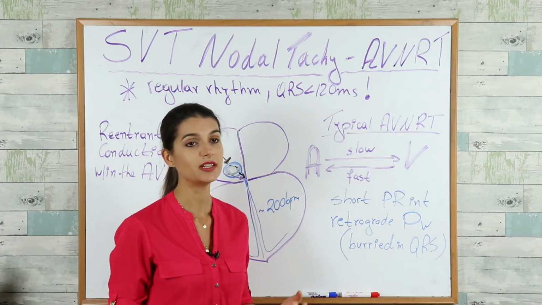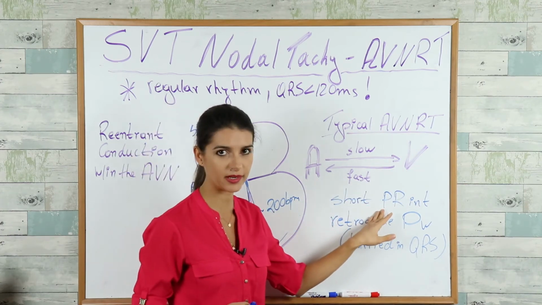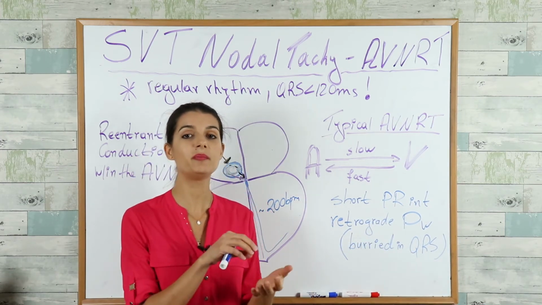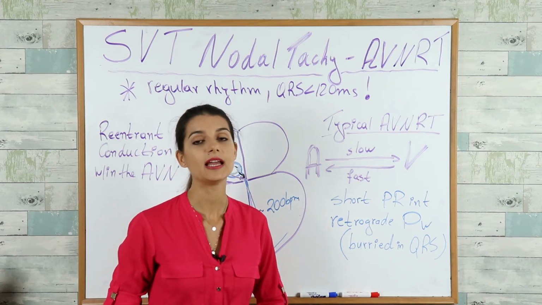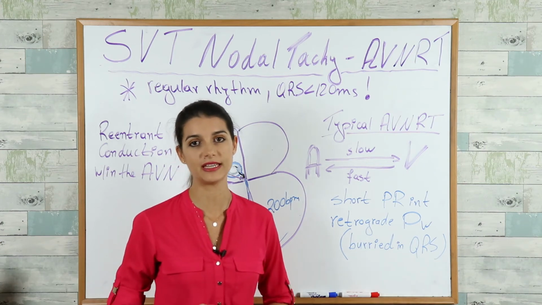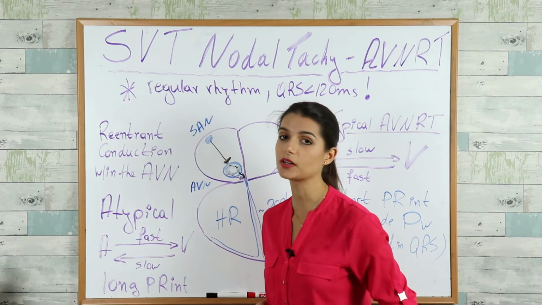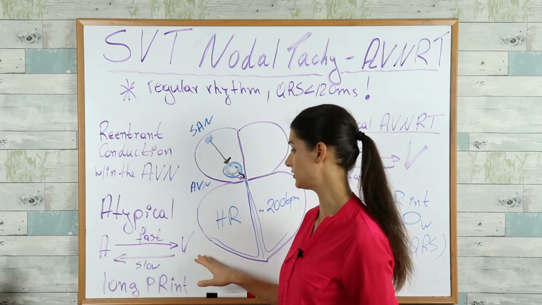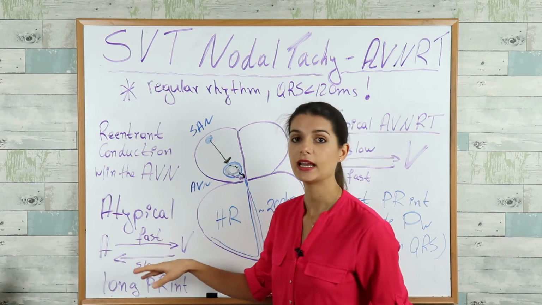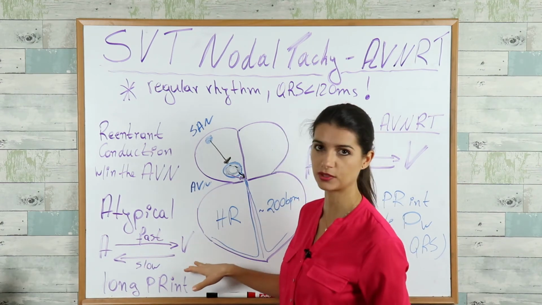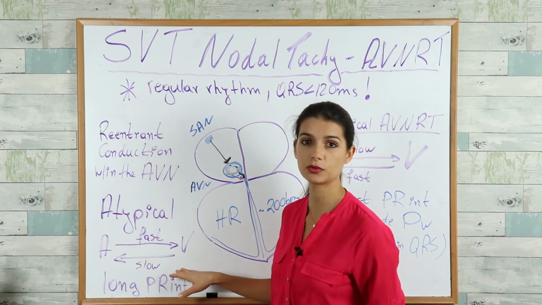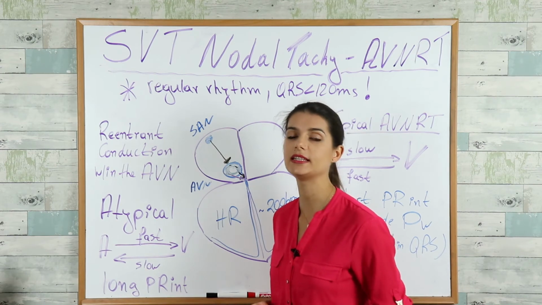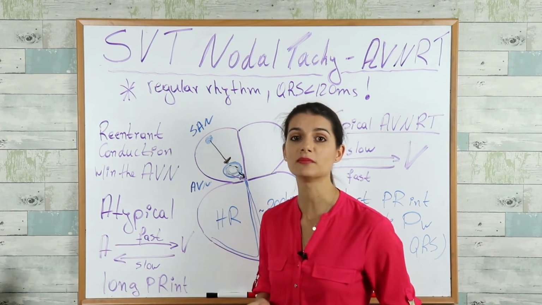On EKG, this will manifest as a short PR interval and also a retrograde P wave that can actually be buried inside the QRS complex, and you might see no P wave on EKG. And in atypical AVNRT, the signal will travel from the atria to the ventricles through the fast pathway, and it's going to go back up from the ventricles to the atria through the slow pathway. That's why you're going to see a long PR interval. Basically, the atria will depolarize much slower.